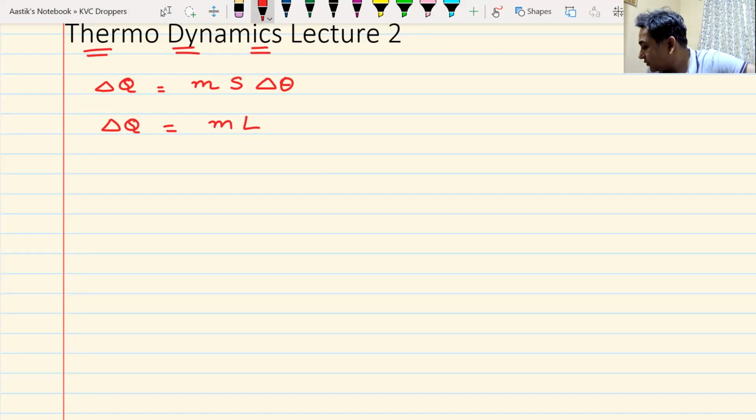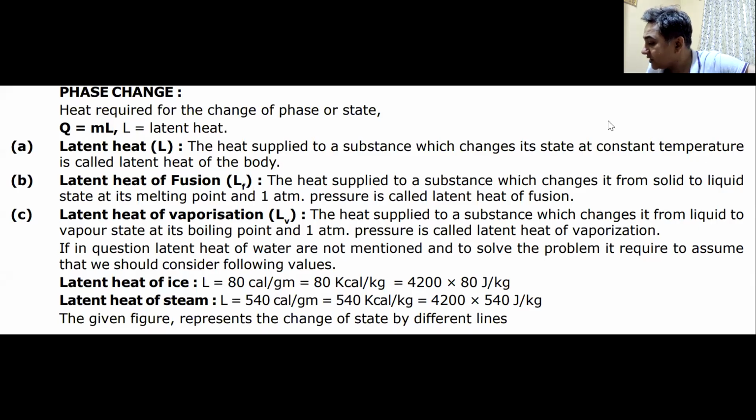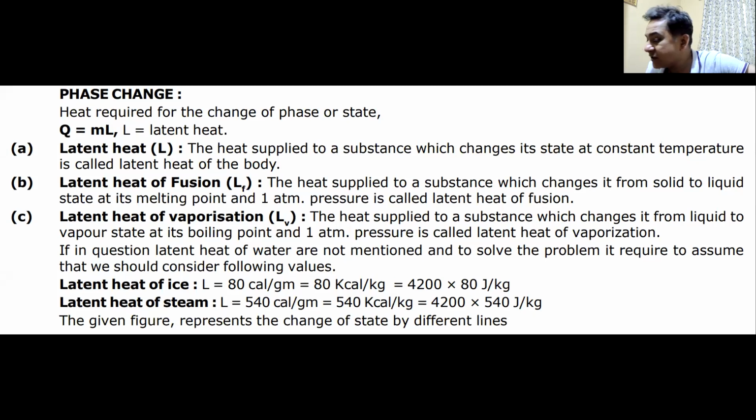Now, we were here on this phase change, yes or no? We had discussed this phase change, m into L. That was the last slide that we had done. And I also told you that the latent heat of fusion of ice, or melting of ice, is 80 calories per gram.